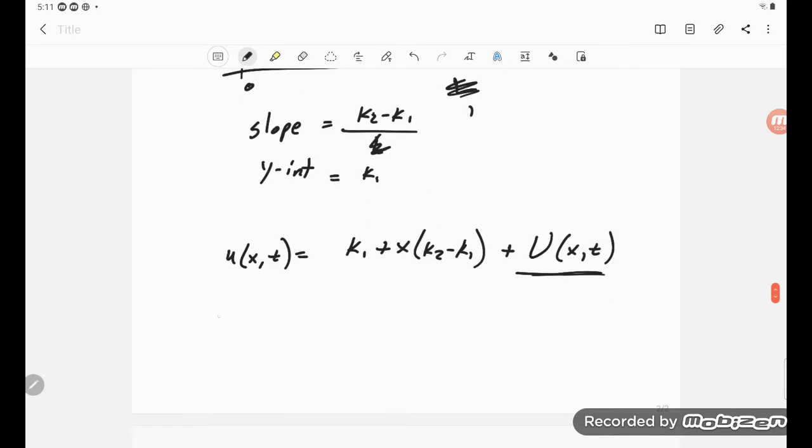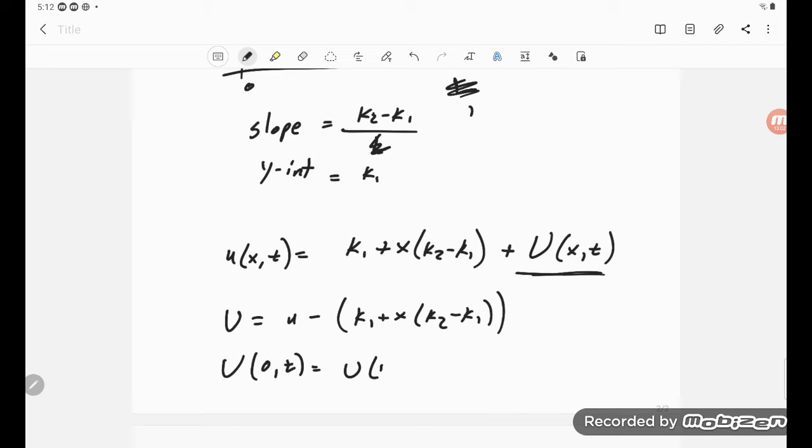Well, then what we know for this is that if we take U equal to little u minus the K1 plus x times K2 minus K1, then we see that U of 0 and t equals U of 1 and t, and they all equal 0.